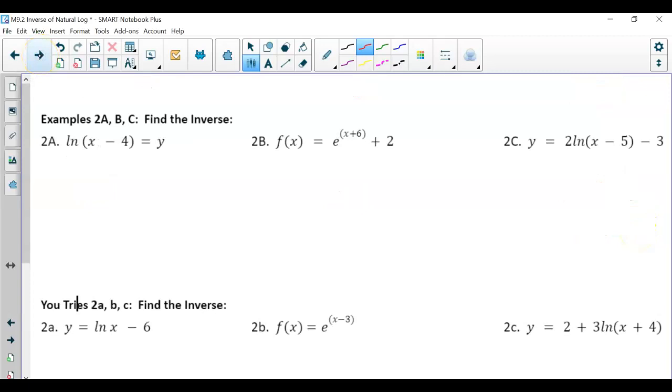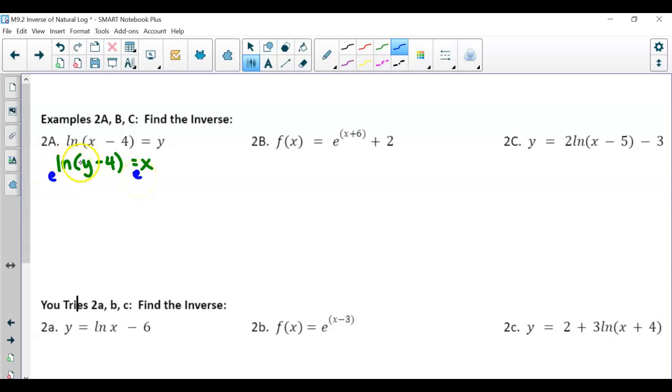Now in number 2, we're finding the inverse function. So now we're going to actually rewrite this. Keep that in mind with your inverse functions here. Just like before, we're going to switch the x and y value and solve for y. If I have natural log, I'm going to end up with e. Notice how the natural log is by itself, so what I do to one side, I do to the other.